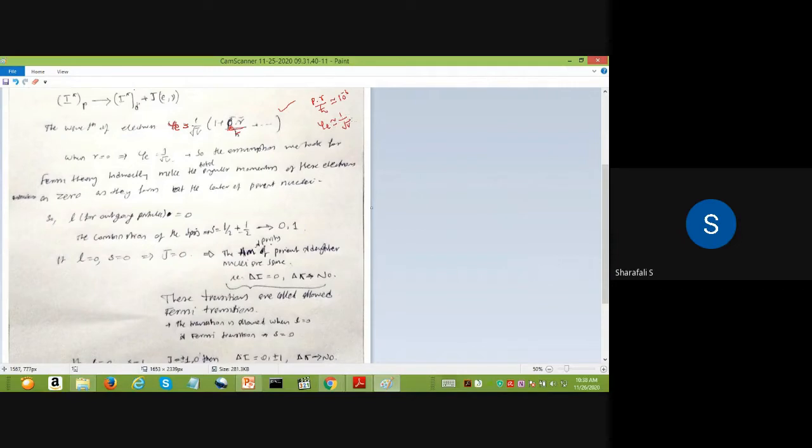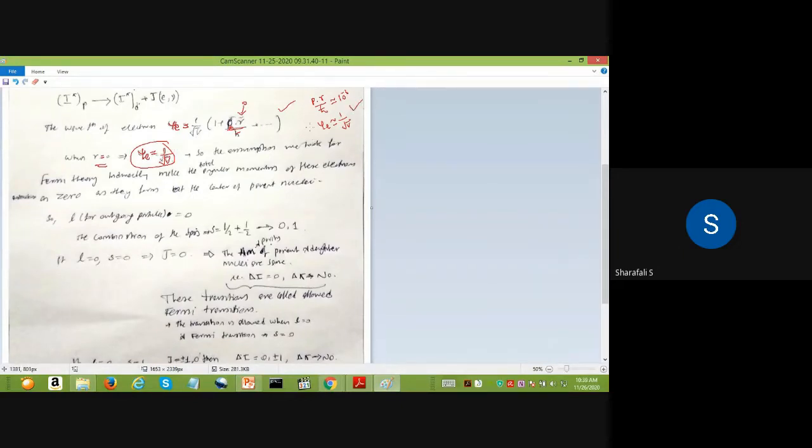But when you consider the same scenario, for example, with r equal to 0, if your r value is 0, that also results in this condition, that is psi_e equal to 1 by root V. Okay. So when r equals 0, psi_e becomes 1 by root V. So this is a similar kind of analysis to what we have done here.